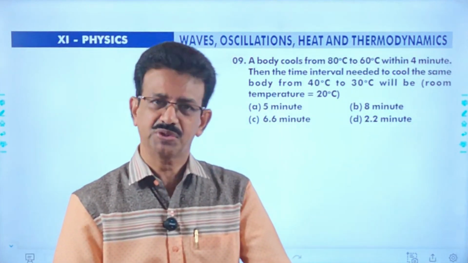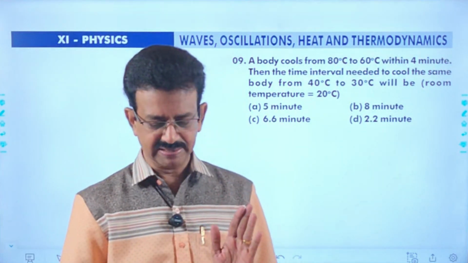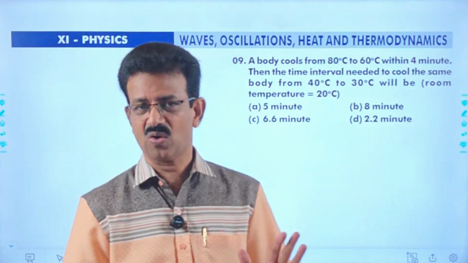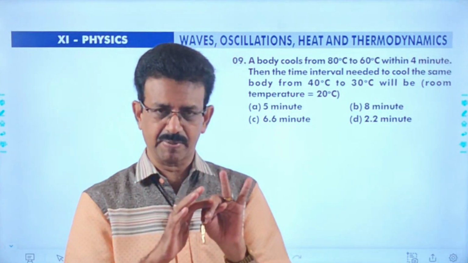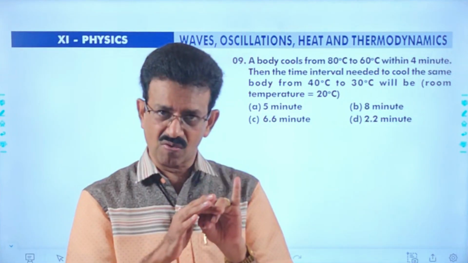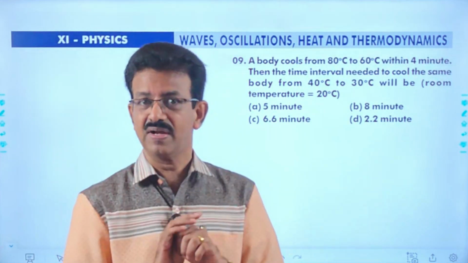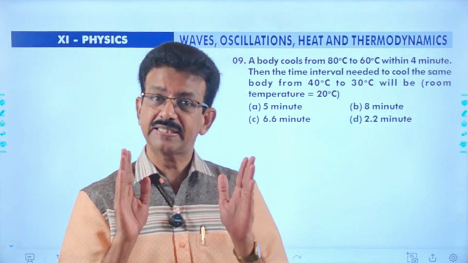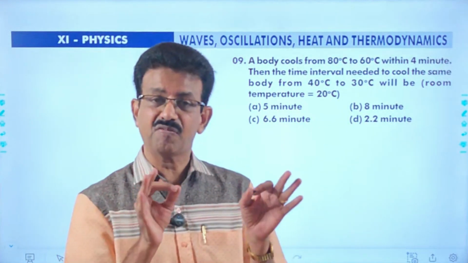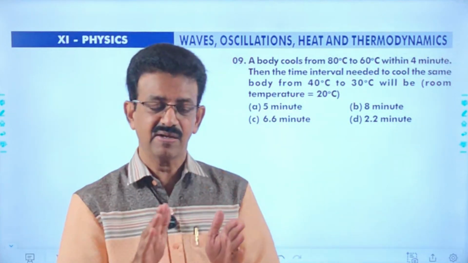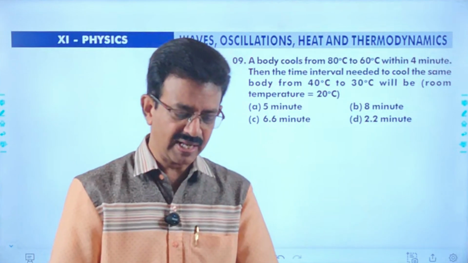Next question is about Newton's law of cooling. Actually, for thermal radiation, several laws are there: Stefan's law, Stefan-Boltzmann law, Wien's displacement law, Newton's law of cooling, Kirchhoff's law of radiation, and Planck's quantum theory of radiation. Planck's quantum theory originated for black body radiation. All these laws are applicable to black body radiation.